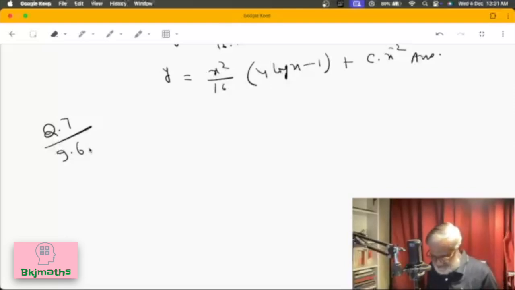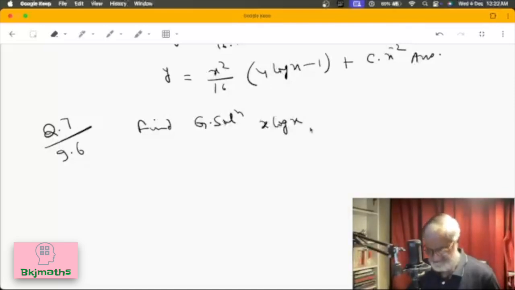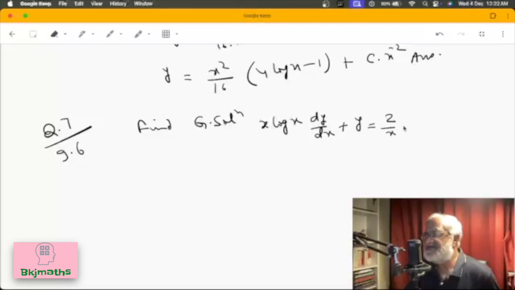Find the general solution of the differential equation x log x into dy by dx plus y equals 2 upon x log x.